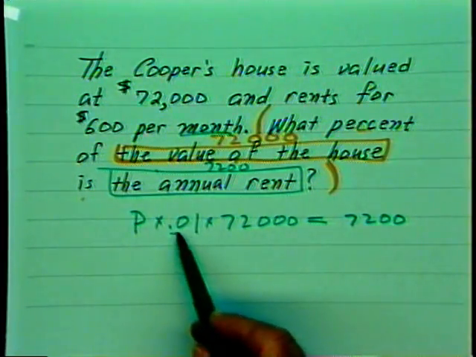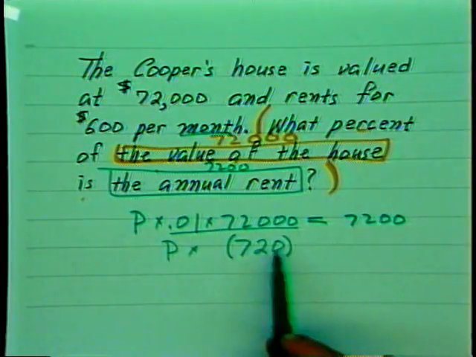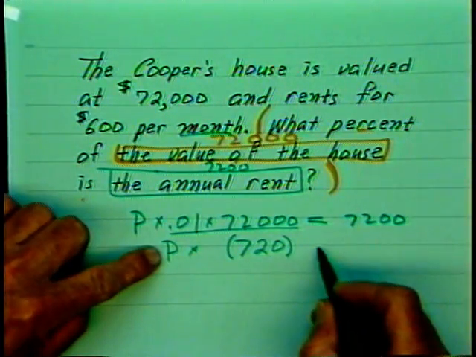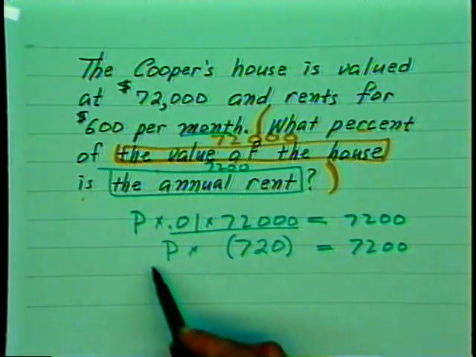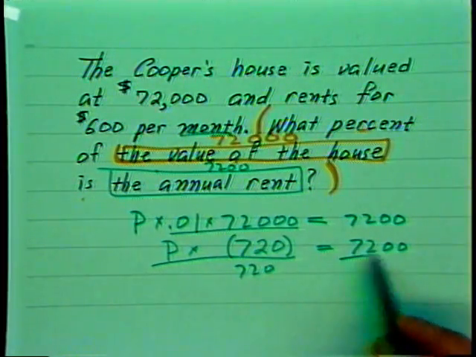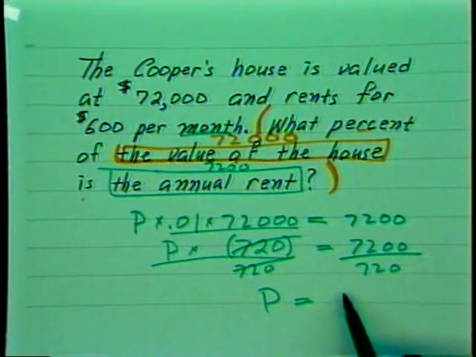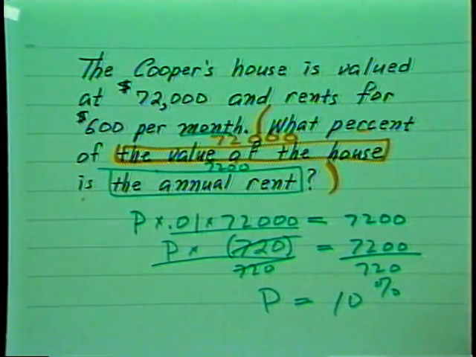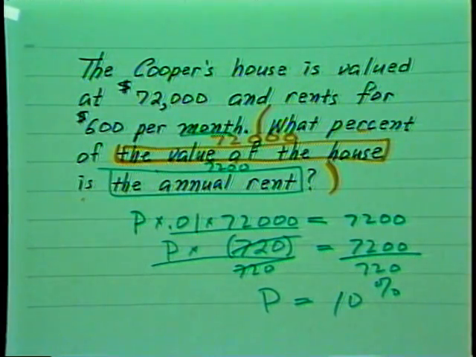And now doing this arithmetic, for the simple reason I can do it, I get 720 times P, and then undoing the multiplication by division, I finally get that P is 10, and of course that's percent. So they're paying 10% per year. They're paying 10% of the value of the house in rent.